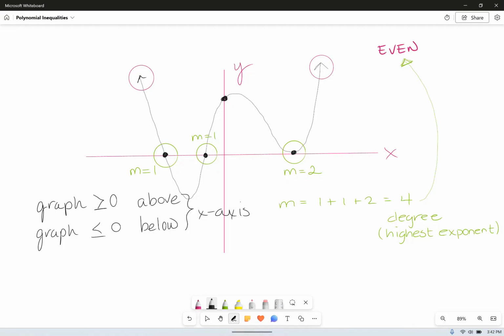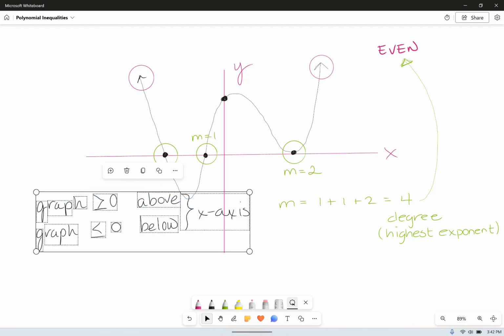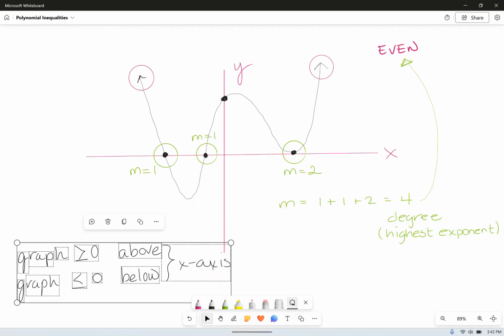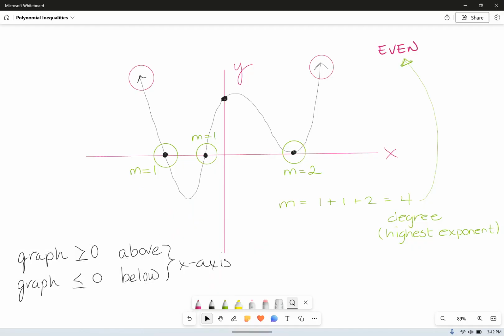So both of these have to do with the x-axis. Okay, so here's what I mean by this. So let me move what I just wrote here a little bit lower and pull it down here out of the way. Okay, so let's talk about above the x-axis. So I'm going to take my yellow highlighter and I'm going to trace.